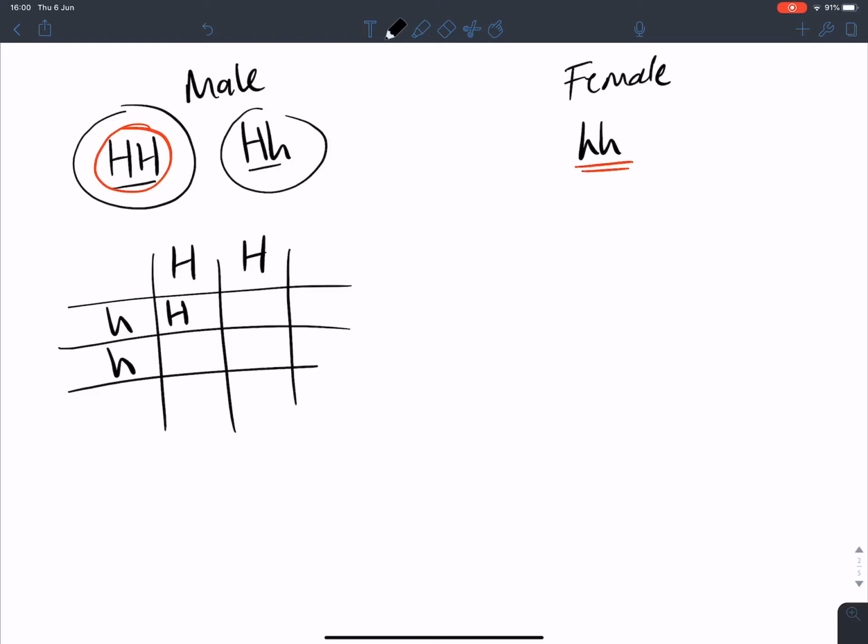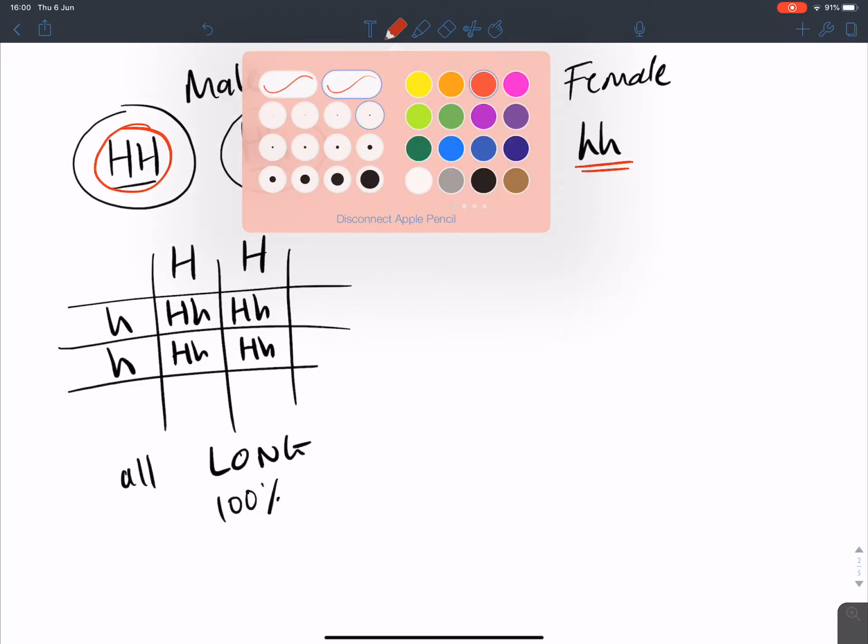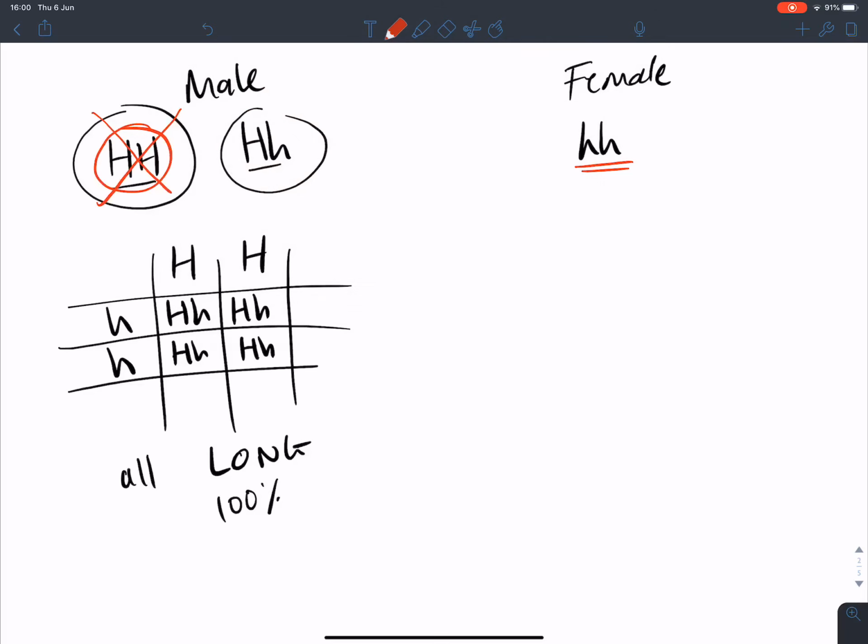If you cross them together, big H, little h here, big H, little h there, big H, little h, big H, little h. So we can see all of the children are going to have long hair. So 100% long hair. Therefore, it could not have been this genotype, meaning that the male was actually this one.